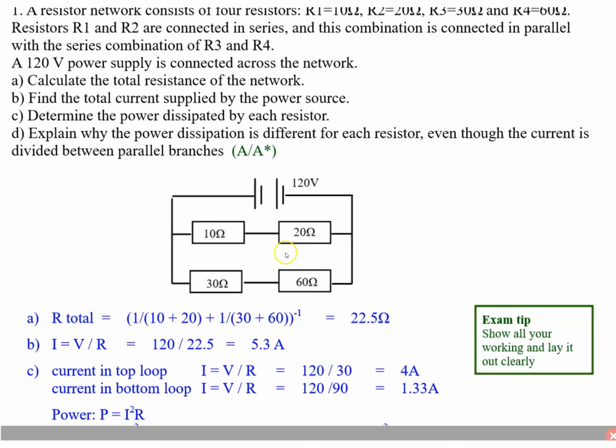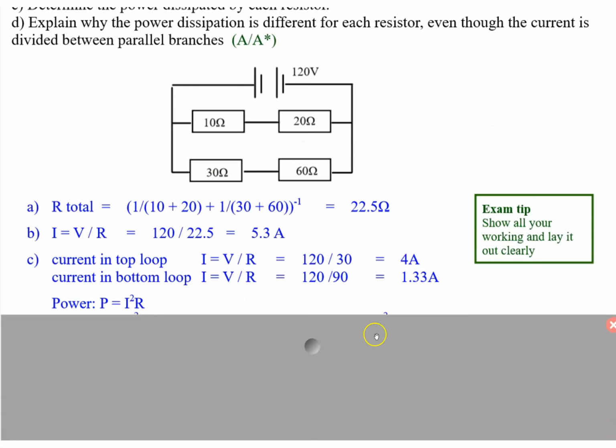So we have 120 divided by 30, which gives me 4 amps. On the bottom we have 120 again divided by 90, which gives me 1.33. So I can find the current in each loop, and because it's the same through the loop, the 10 and the 20 both have 4 amps, the 30 and the 60 both have 1.33.